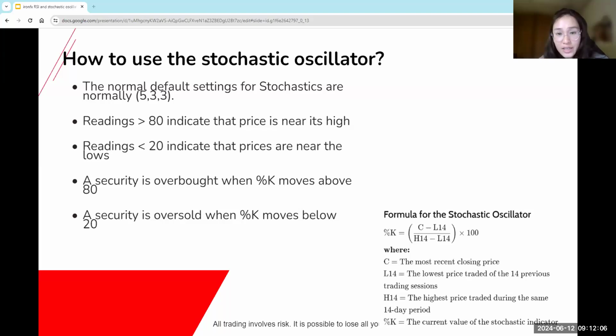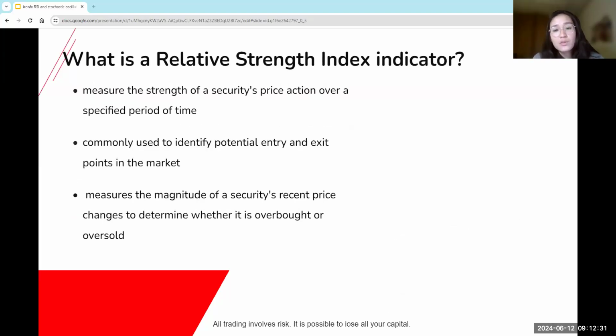It's also a lagging indicator, which means it relies on past price data, and it might not be so effective in predicting future price movements on its own. That's why we often use stochastic oscillators with other indicators or Fibonacci levels and so forth. About RSI, because these two we normally use together.